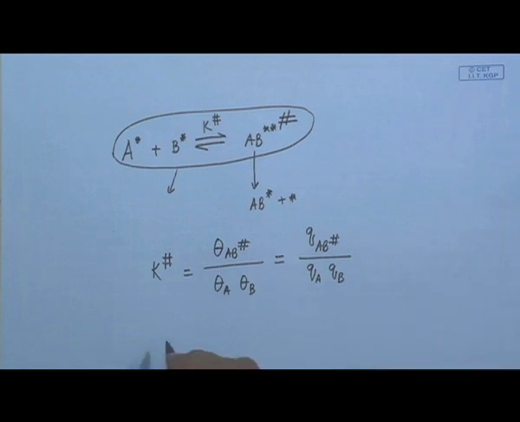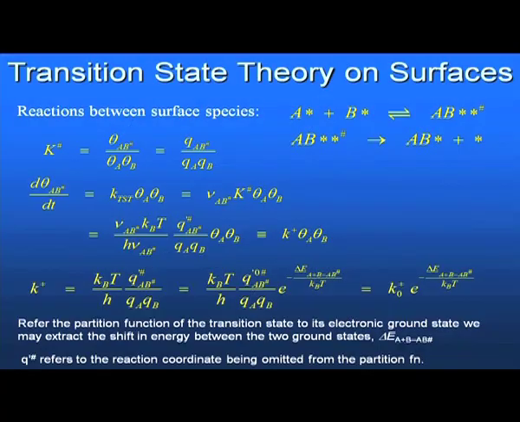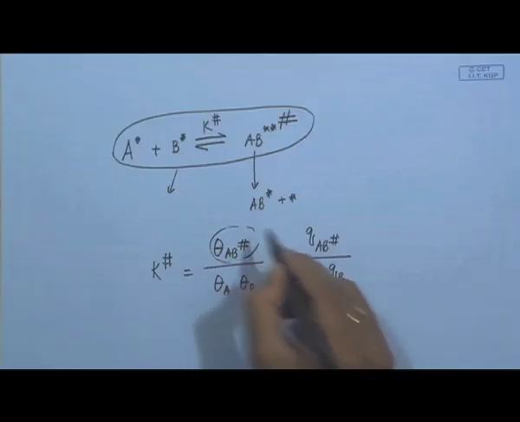Okay. So, rate of change of theta AB, how can you write this?